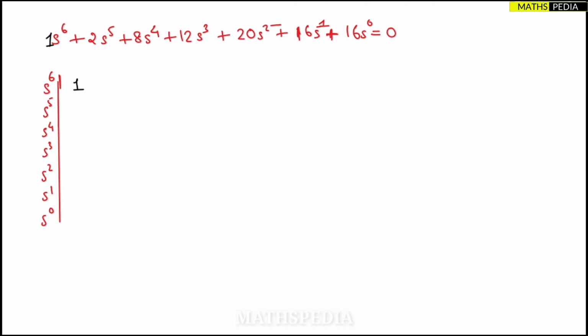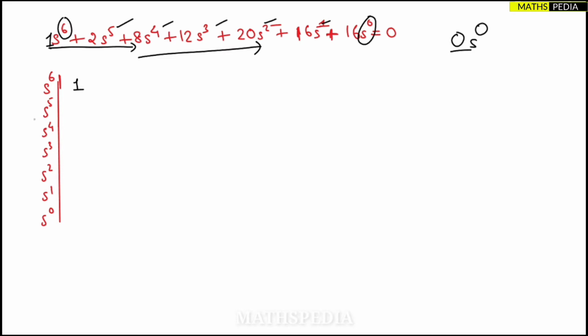Always remember the condition is that you have to take the descending order format, starting with s power 6 till s power 0, and no power should be missing. If anyone is missing, write 0 s power whatever the missing one is.